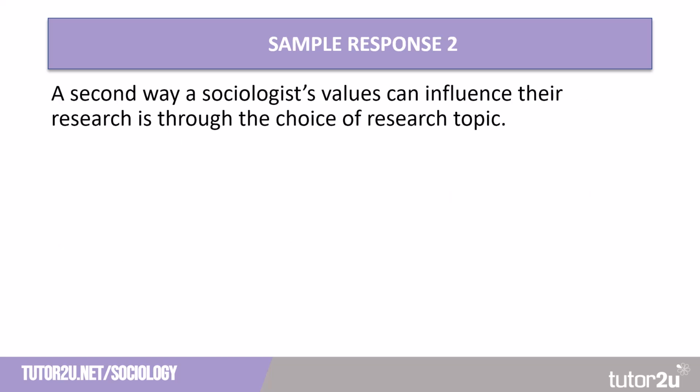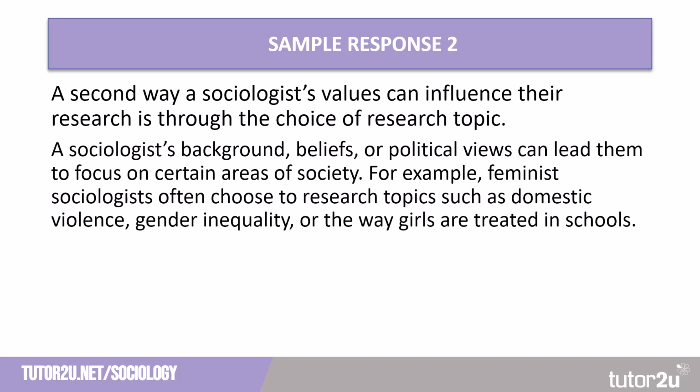Our second way a sociologist's value can influence their research is through their choice of topic. A sociologist's background, beliefs or political views can lead them to focus on certain areas of society. For example, feminist sociologists often choose to research topics such as domestic violence, gender inequality, or the way that girls are treated in schools.